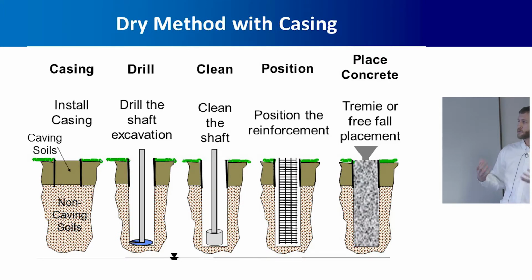If you were combining the dry method with using some casing, maybe you have some superficial sands over a clay layer. So first you install a casing, then drill the hole, clean the hole, place the cage, place the concrete, and then if it was a temporary casing, we'd pull the casing while the concrete's still fluid, and that fluid concrete will hold the hole open. Or if it's a permanent casing, just leave it in place.